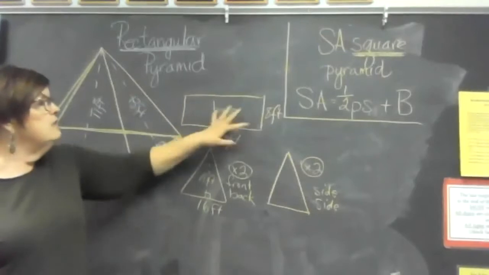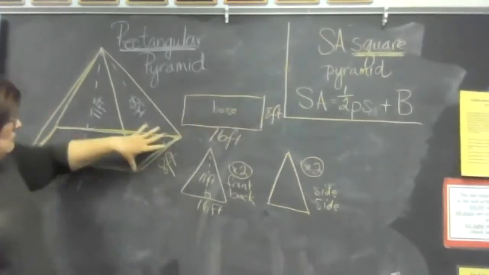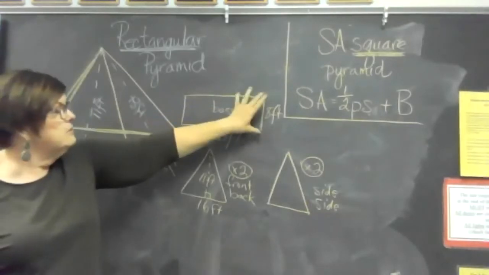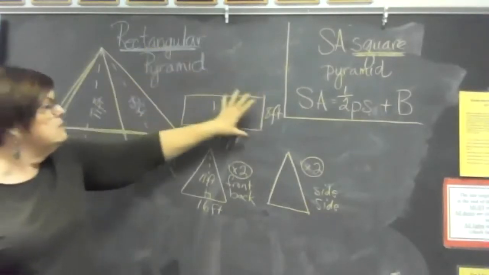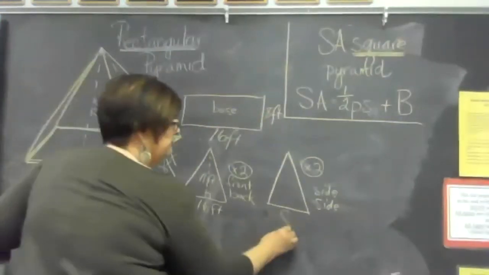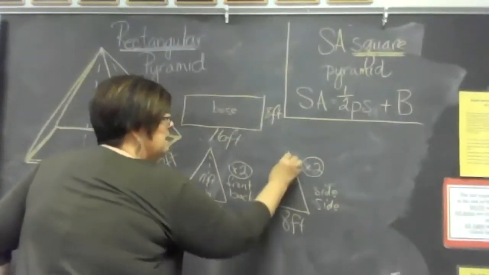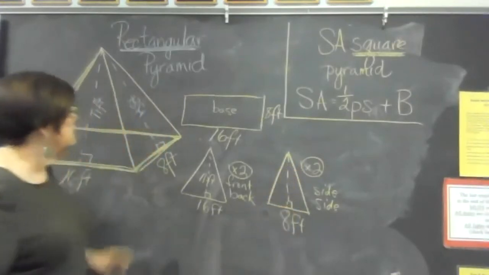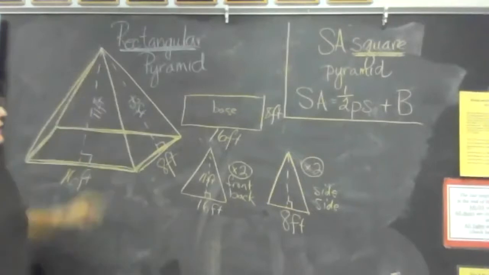Now, you can see, if we look here, this triangle comes up off of the 8. So this triangle comes up like this. Okay? So this is 8 on the bottom, 8 feet, and its height, the slant height of the pyramid, is 13 feet.